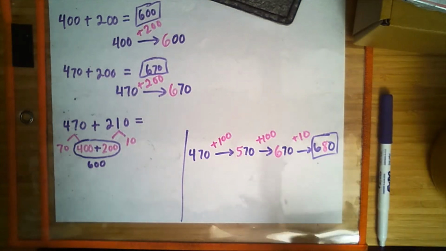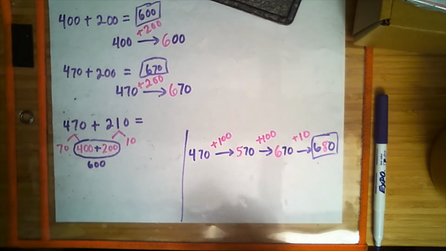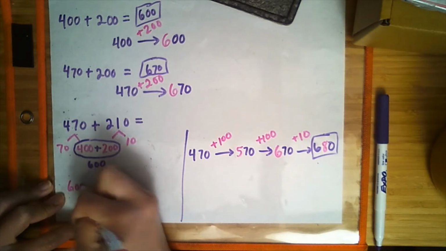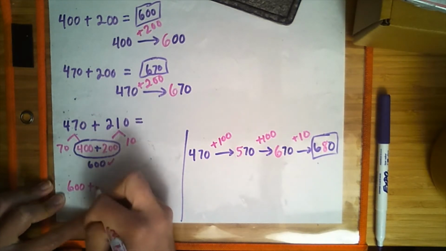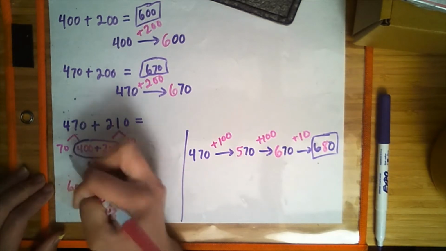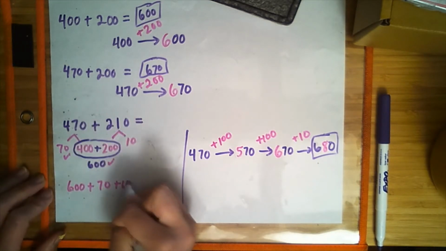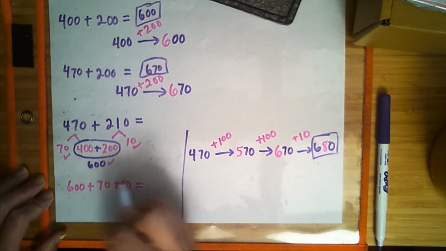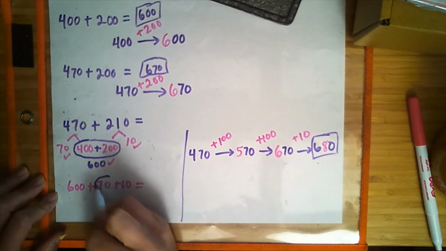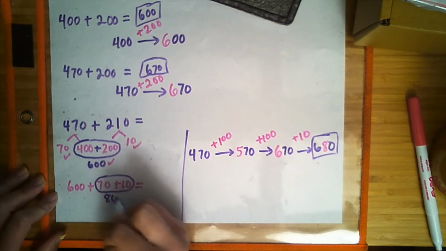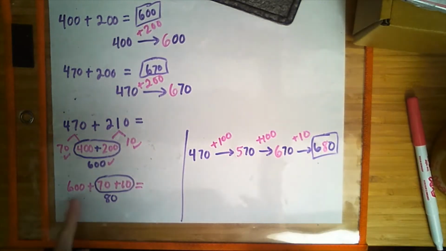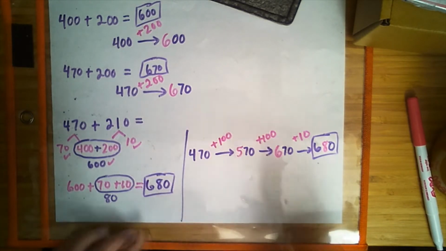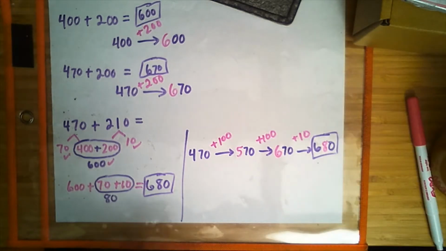Now I'm going to rewrite another number sentence that's simplified. So starting with 600, check mark that off, plus 70, check mark that off, plus 10, check mark that off. Oh my gosh, I noticed that 70 plus 10 is 80. That makes it really easy for me to see then that 600 plus 80 is 680. The solution matches the arrow way.